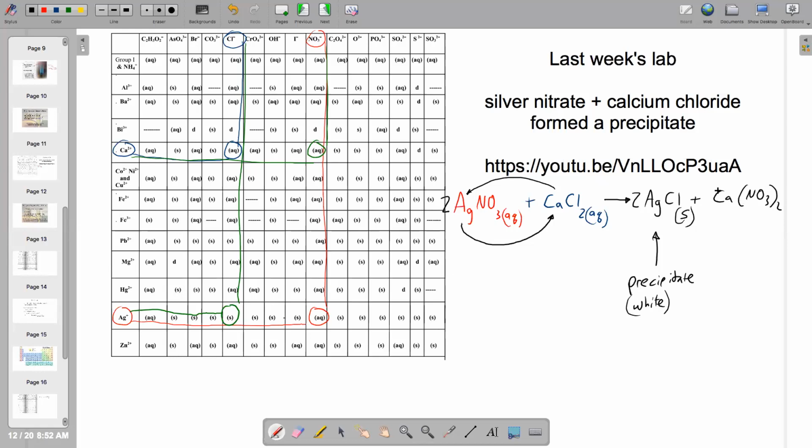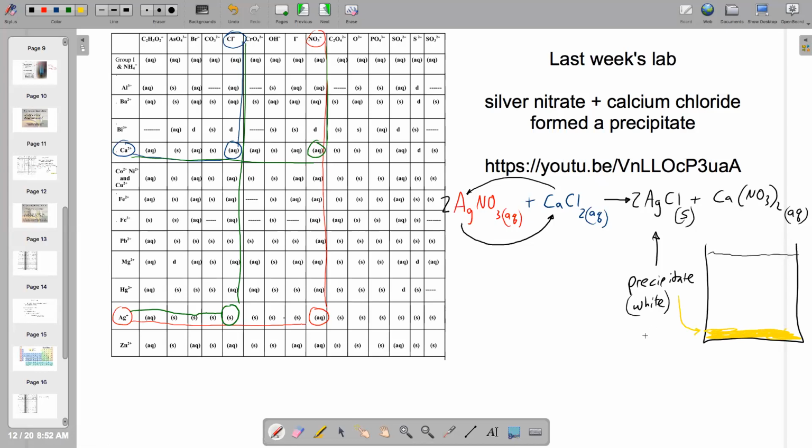The calcium nitrate, the calcium and nitrate, that says AQ. So that actually remains in solution. So what you end up with in that beaker, when we're all done and it settles out, is solid, I'll just draw it yellow because white doesn't make any sense.